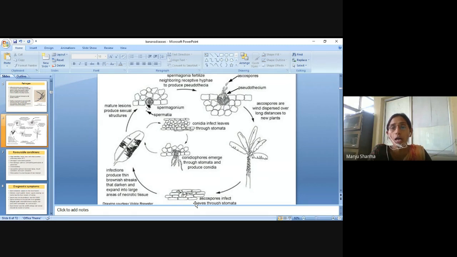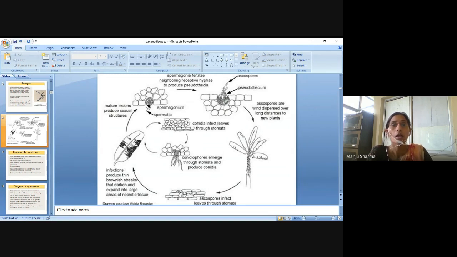Then ascospores are wind dispersed over long distances to new plants. Ascospores infect leaves through the stomata. Then infection produces thin brownish streaks that darken and expand into large areas of necrotic tissue. After that, mature lesions produce sexual structures, spermogonia, in which the spermatia are formed.